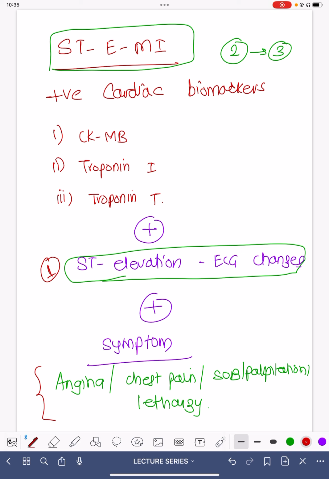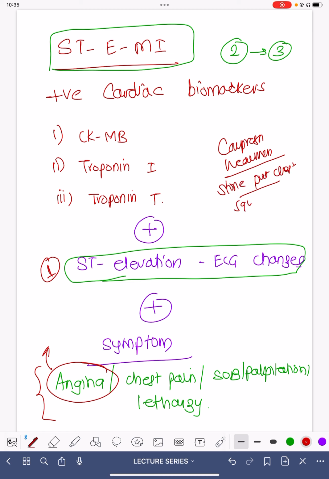The most important symptom, which is highly specific to the heart, is chest pain or palpitation or angina. Now this chest pain is usually central. It is a compressing or heaviness type, or the patient may feel like there is a huge stone put on their chest.